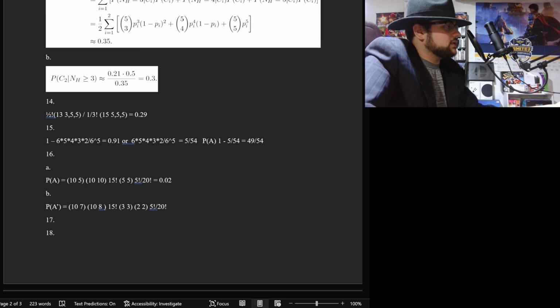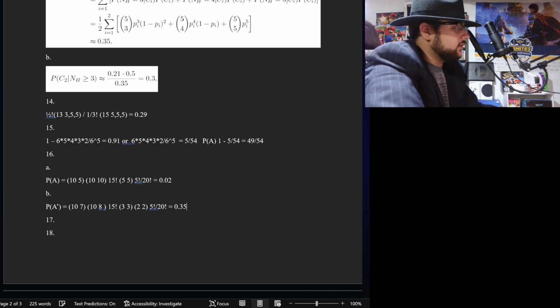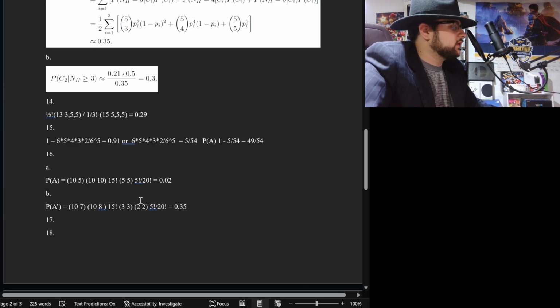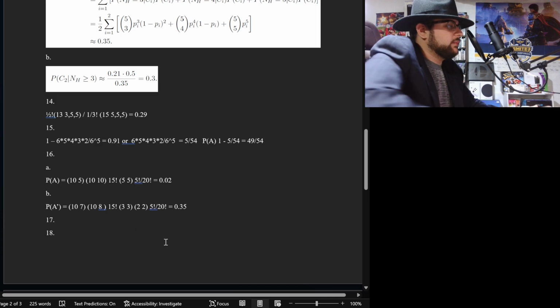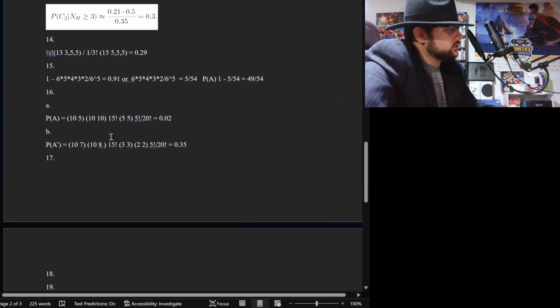That sounds about right. And then that gives you 0.35 approximation. Both of these are approximations. And do you see the difference here? It should be apparently obvious. If A is the desired event, A is the event that is almost identical to the first problem, where there are 15 factorial possible ways, since there are 15 cards, and there's a total number of permutations of 20 factorial. So I hope that makes sense to all of you.